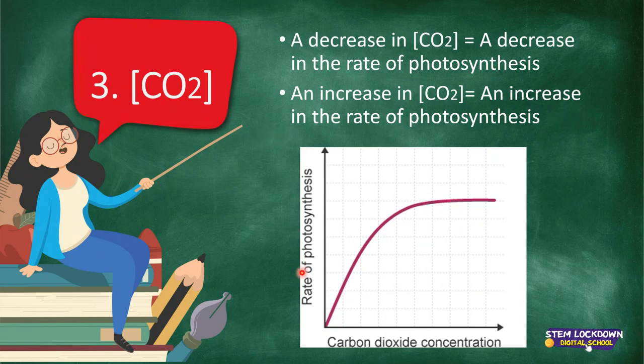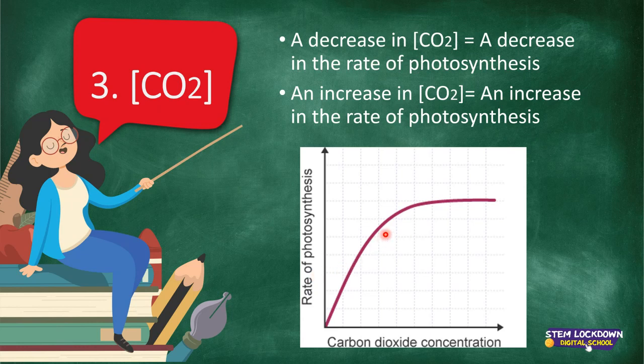Again, carbon dioxide is similar to light intensity, and here is the graph where on your dependent axis we have the rate of photosynthesis, and on your independent axis we have your carbon dioxide concentration. All right, guys. So similar to what we have read, as the concentration of carbon dioxide increases, the rate of photosynthesis also increases, right?